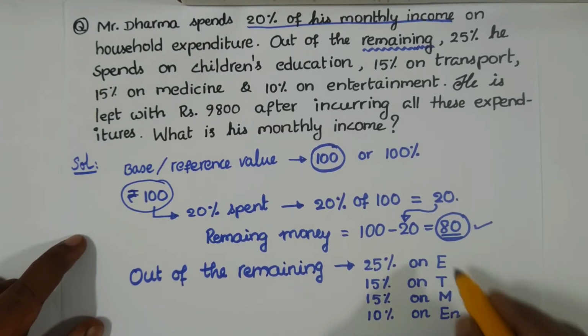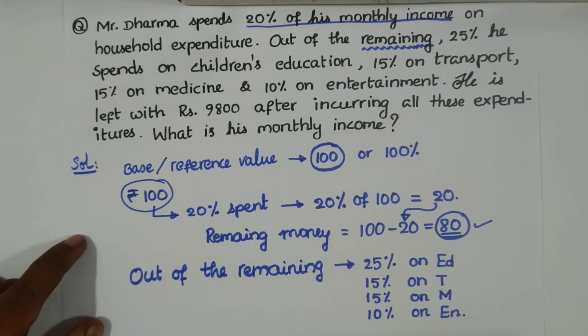So out of the remaining, what do you have here? Remaining we have 80 rupees.